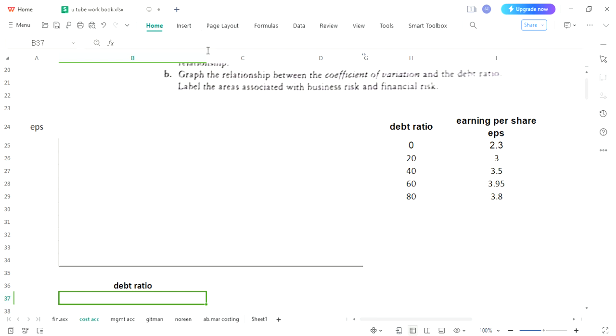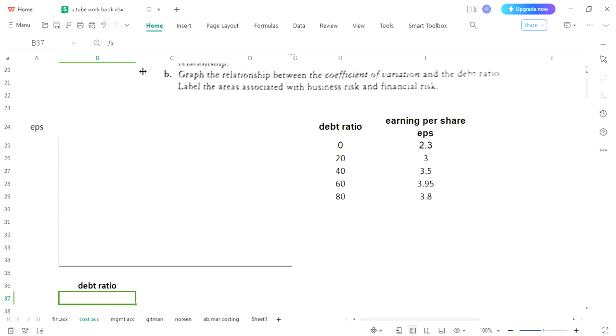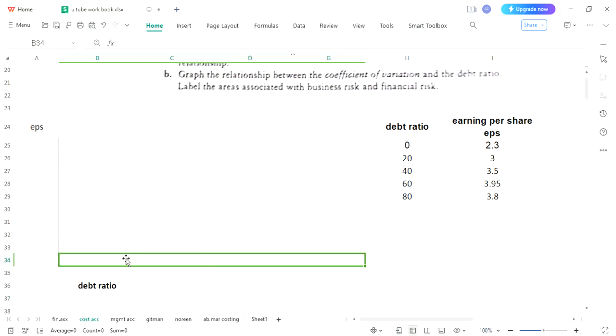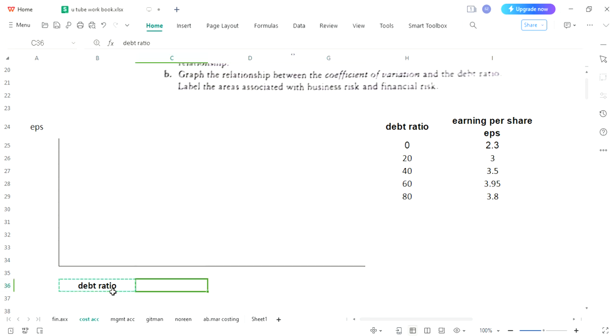One more thing, the spacing should be equal, so let's put them in this way. How many terms do we need in debt ratio? 1, 2, 3, 4, 5. Actually 4 are enough. Alright, one more column is needed, so let's add it. This debt ratio is placed on the x-axis.